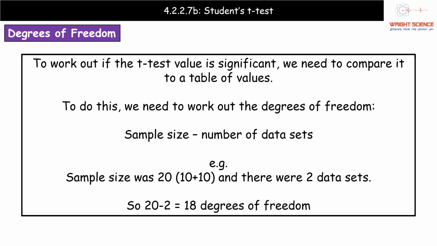To work out your degrees of freedom, all we need to do is take the total sample size of all your data sets minus the number of data sets. So in our example, we had 2 data sets with 10 bits of data in each. So our sample size is 20, divided up into those 2 sets. So 20 minus 2 gives us 18 degrees of freedom.